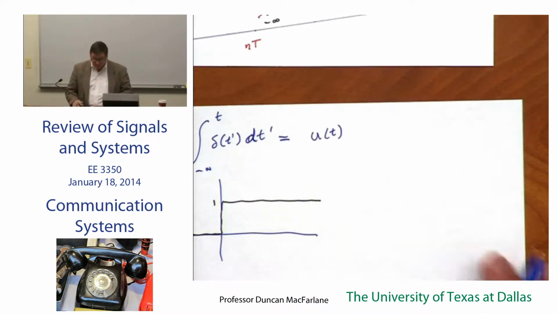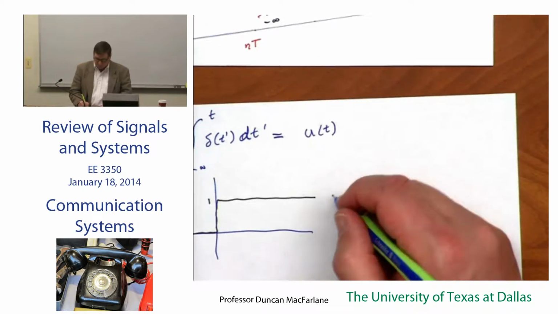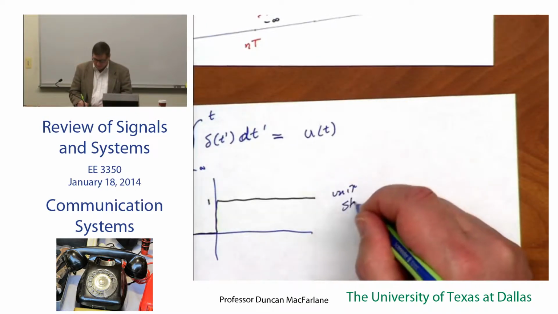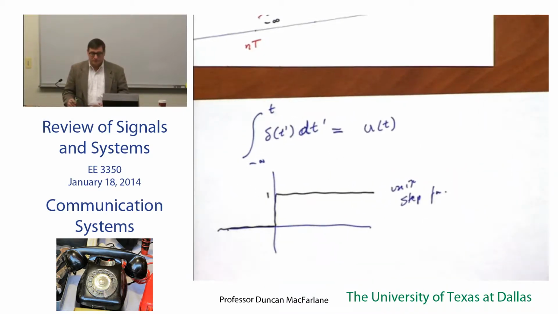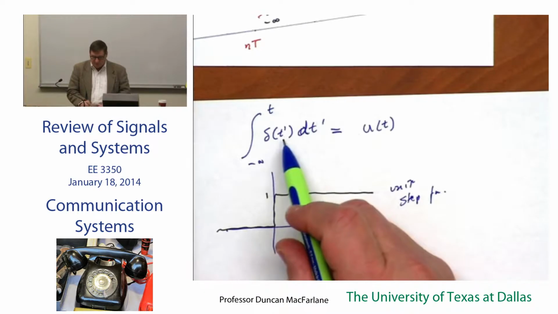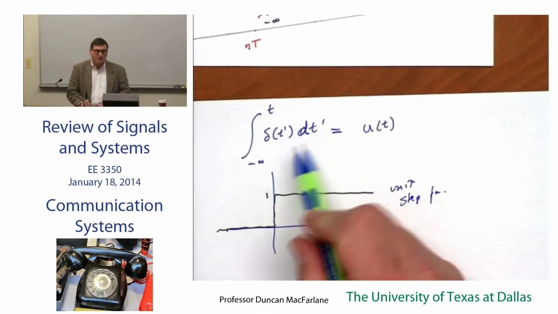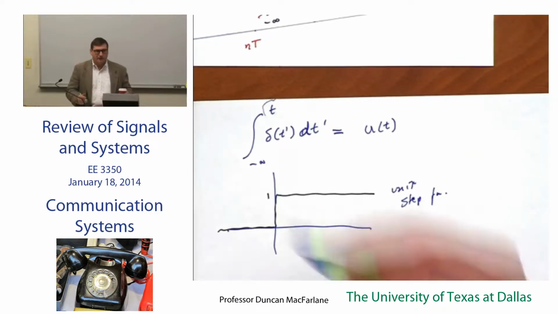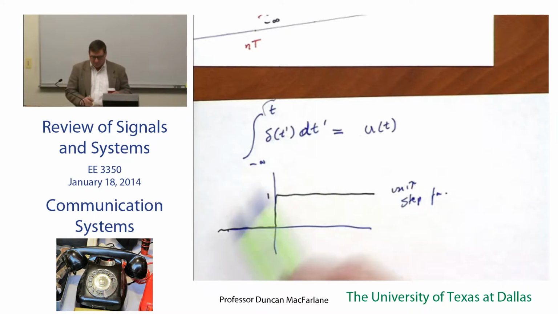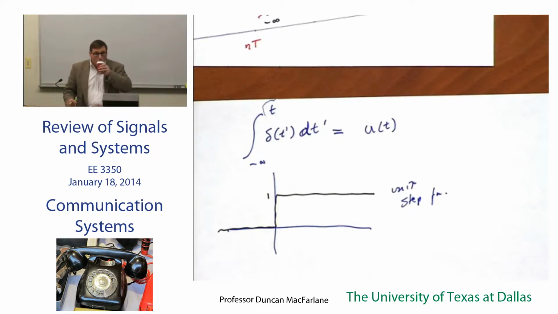If I integrate that delta function, I get a step function. Notice the treatment, I'm using a dummy variable of integration t prime because I have an indefinite integral t. I didn't have to worry about that so much when I had definite limits, minus infinity to infinity, but now I'm accumulating, doing an average that runs over, and so I have to worry about my variable of integration.